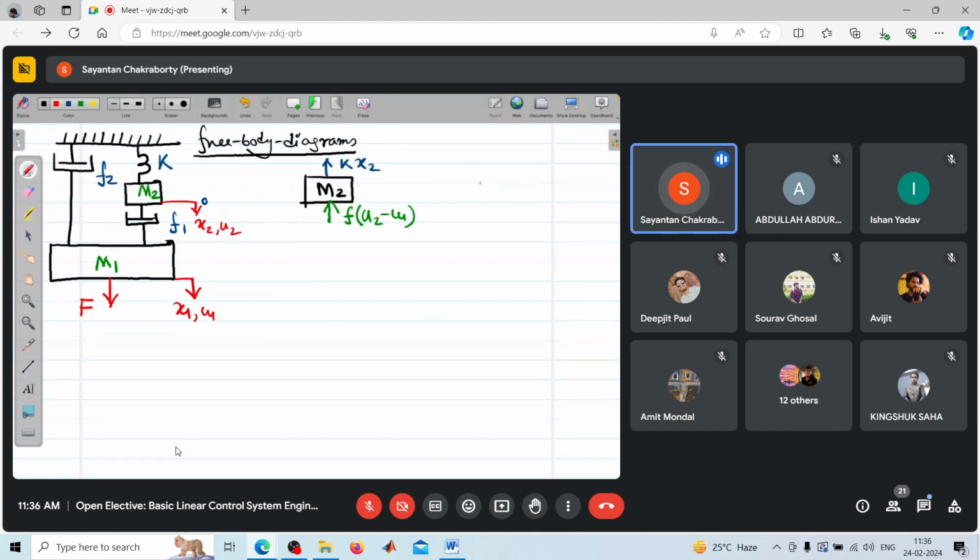And similarly for mass m1, I'm not writing the inertia part over here.